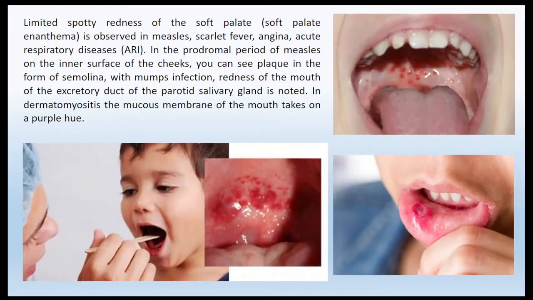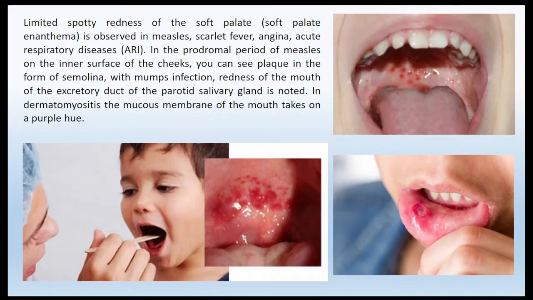Limited spotty redness of the soft palate is observed in measles, scarlet fever, angina, and acute respiratory diseases. In the prodromal period of measles, on the inner surfaces of the cheeks you can see plaque in the form of semolina.